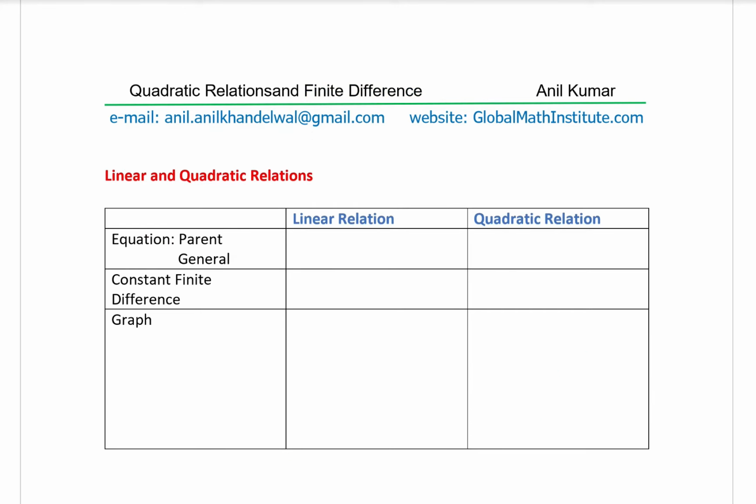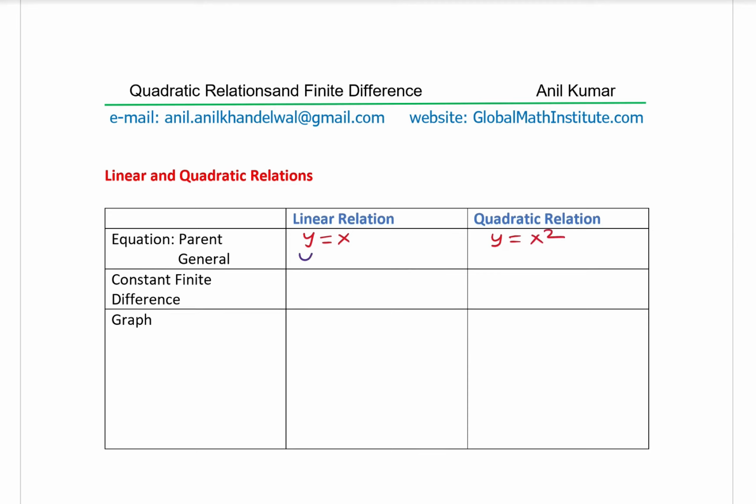Now here we'll summarize what we have learned so far, linear and quadratic relations. As far as equation is concerned, we'll call the parent equation for a linear as y equals x and for quadratic as y equals x squared.